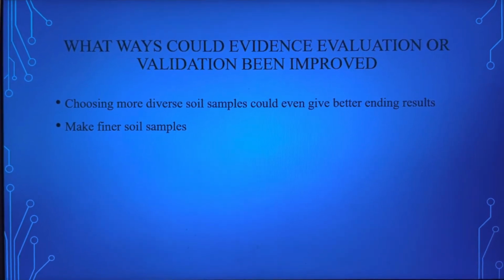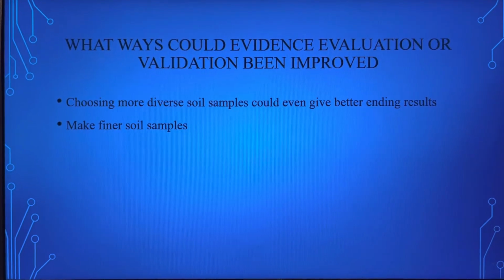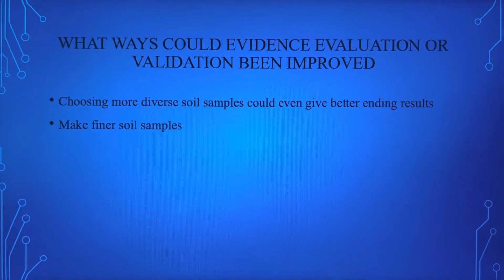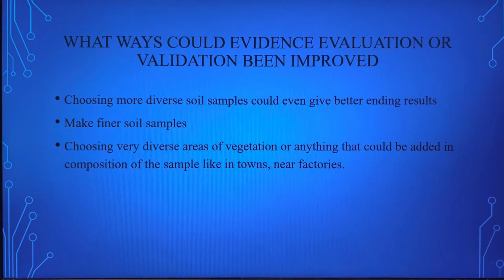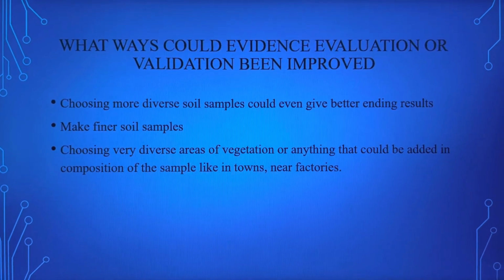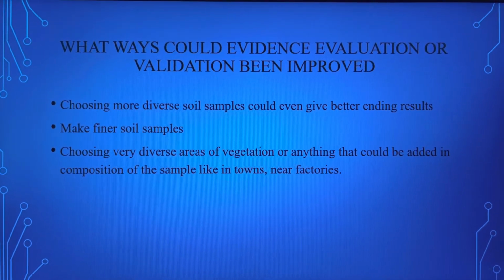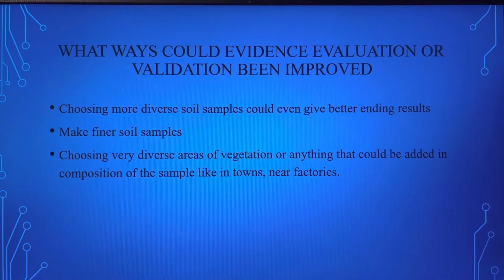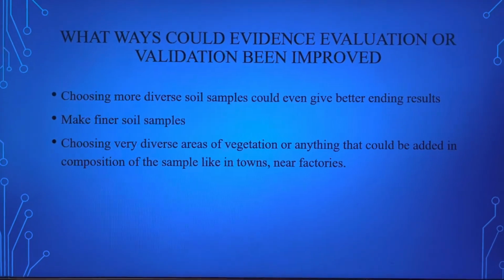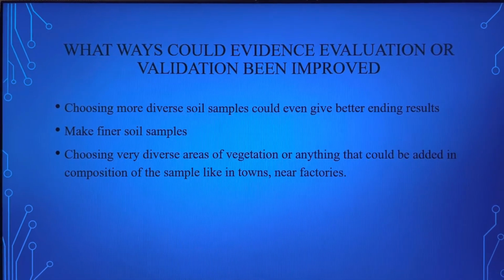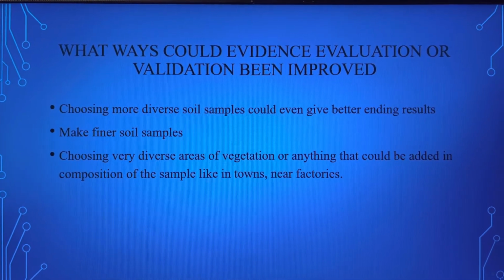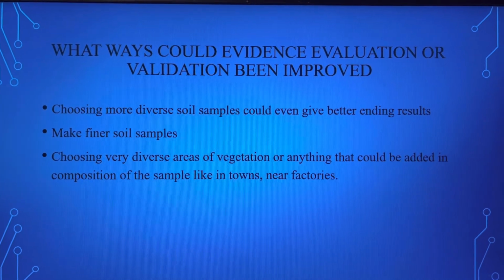Maybe even finding more samples from different countries, making finer soil samples, and choosing very diverse areas of vegetation or anything that could be added to the composition of the sample, like in towns near factories. So anything that could give more discriminatory analysis that it came from that part of Australia.